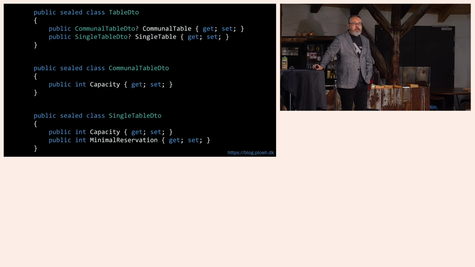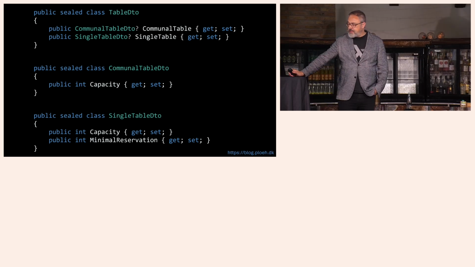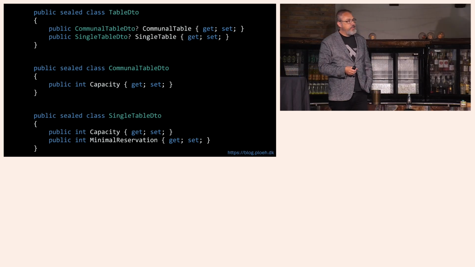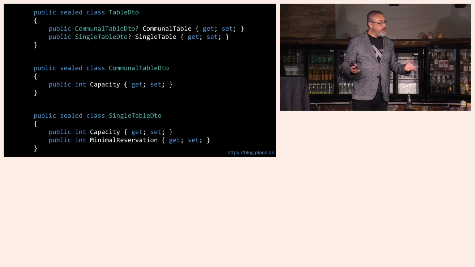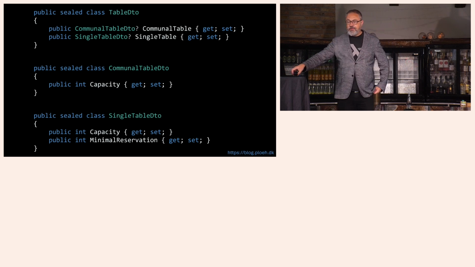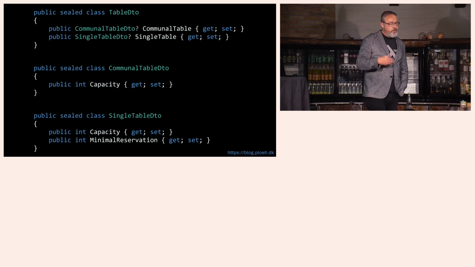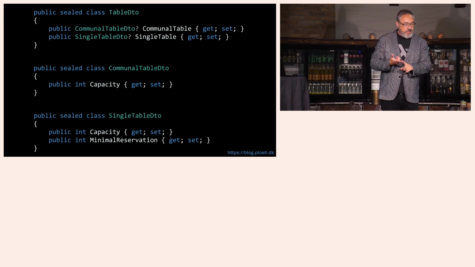Now, on the other hand, if we ask another question, is this a good representation of our domain logic? Well, then we need to remind ourselves what the domain logic is, and I haven't explicitly spelled it out, so let me do that now. Just to keep things simple, the rule here is that a table is either a communal table or a single table.